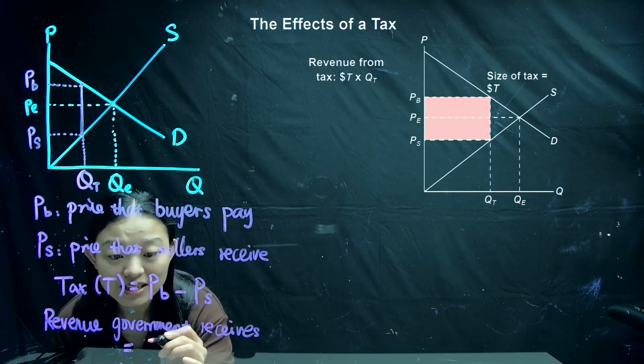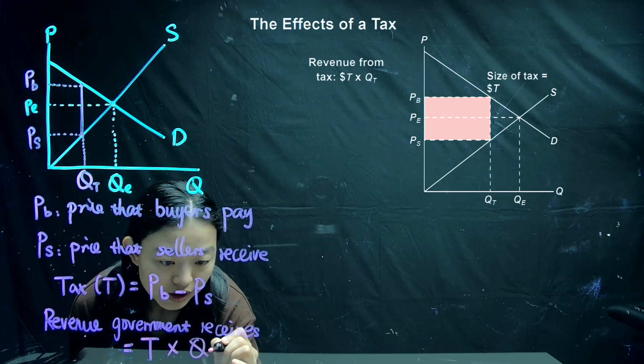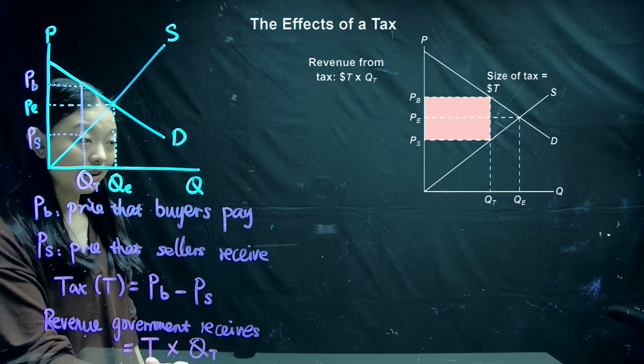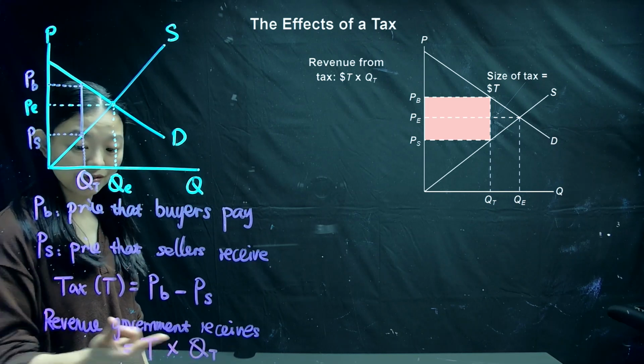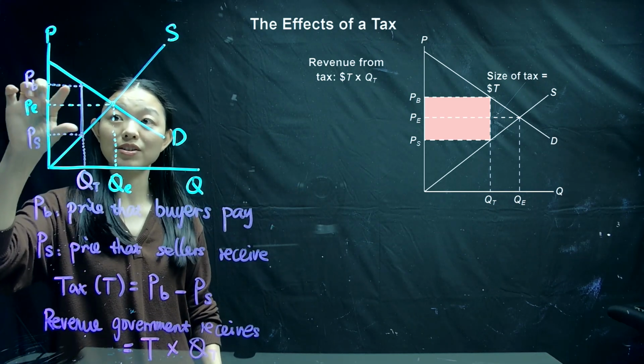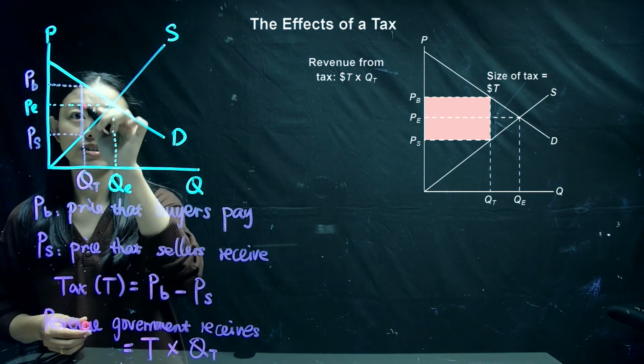The tax rate equals T here, times QT. So this is the revenue that the government will receive after it imposes the tax, and it will also show on this graph. It's just this rectangle.